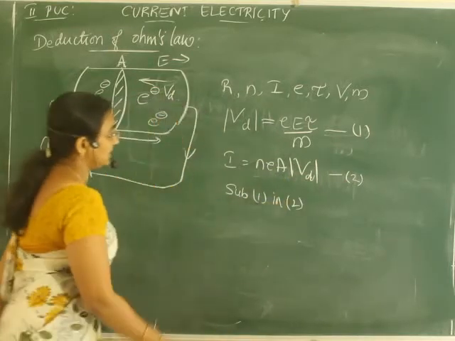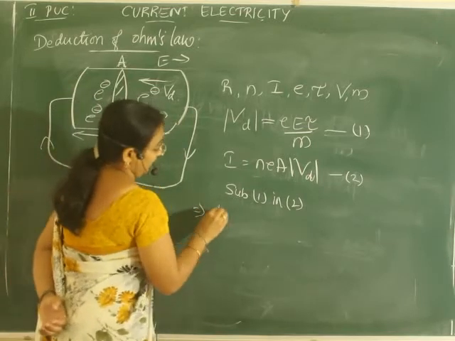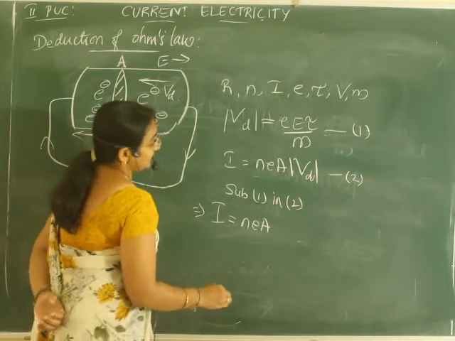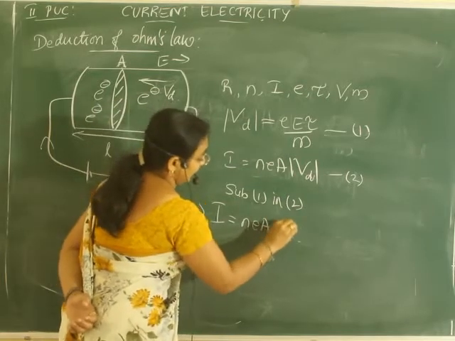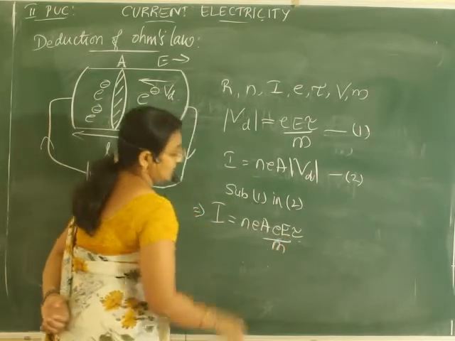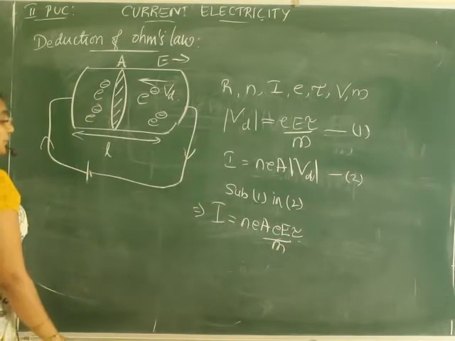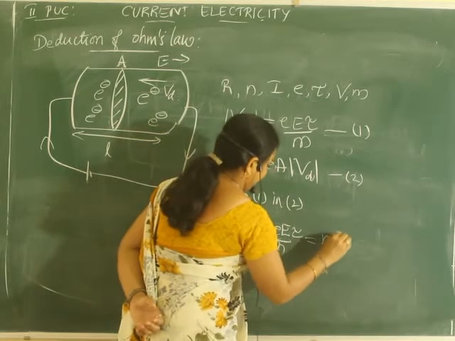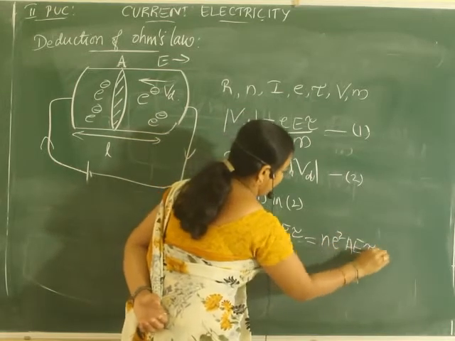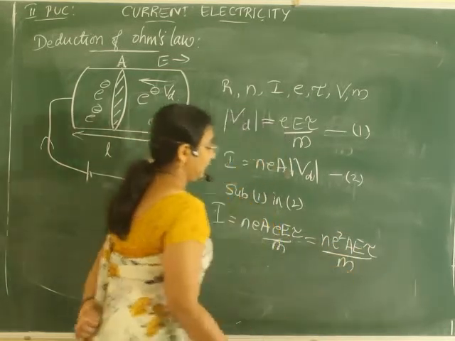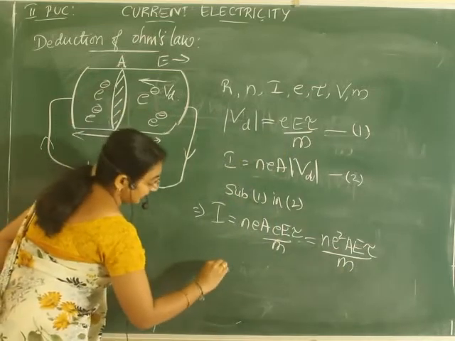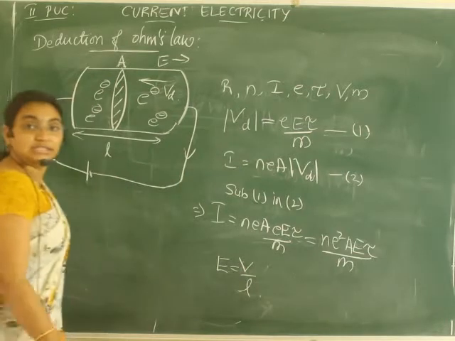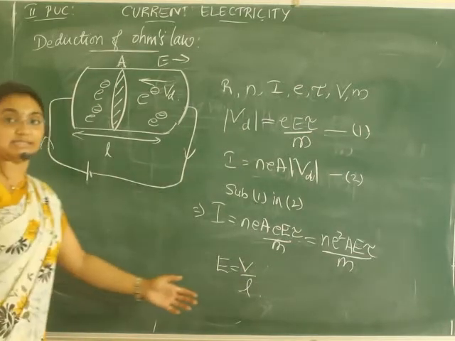So what do we get? I = NeA, and in the place of Vd I have to write E tau by M. It becomes I = Ne square A E tau by M. We know that E = V by L. I used it that time, but did not use this one, I just wrote it.